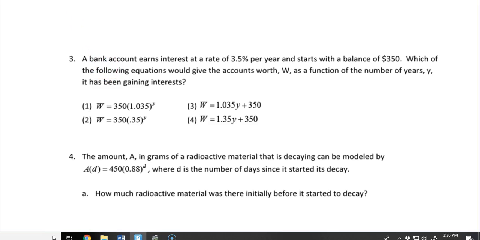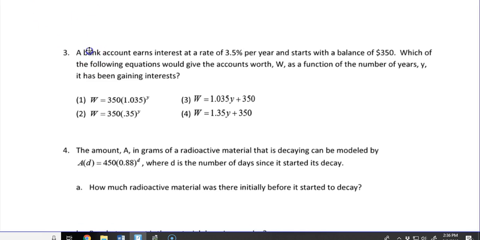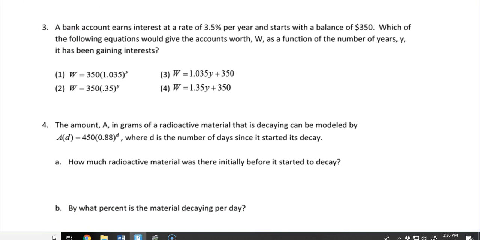All right, before we proceed, let's have you work out question number 3. Play the recording when you're ready. Hopefully you took time to read that one over. If we're speaking about a rate of 3.5%, keep in mind our r value is 0.035, right?